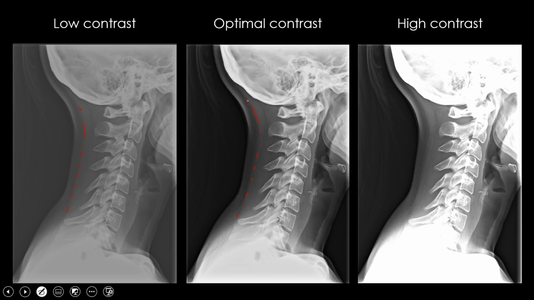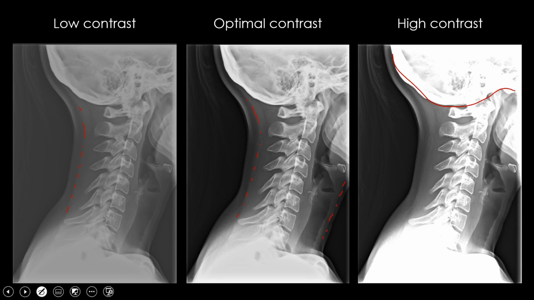You can also see it pretty great on the anterior aspect as well. You can see the difference between fat and water on the high contrast, but if you look closely at the base of the skull, you can see that it's very whited out. So I'm not appreciating enough shades of gray.